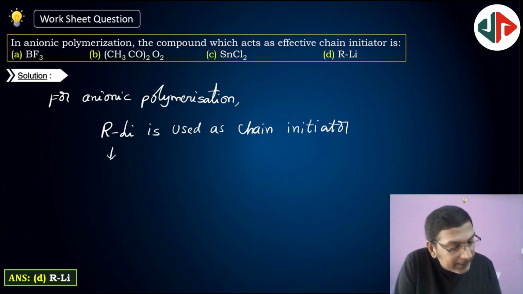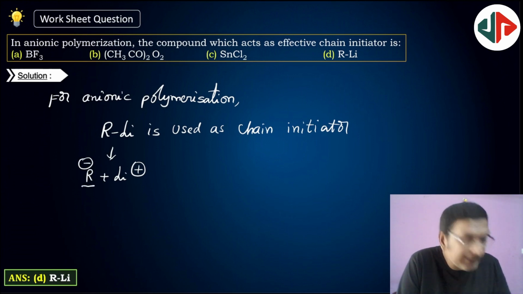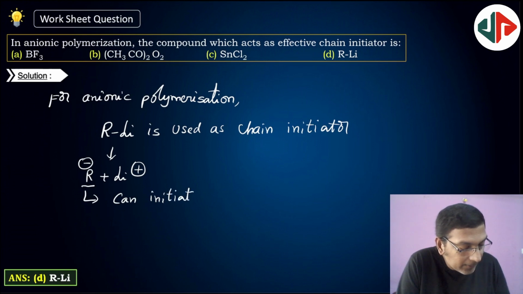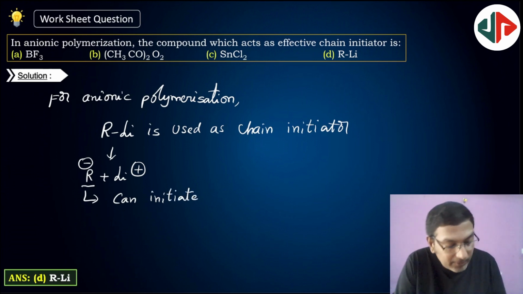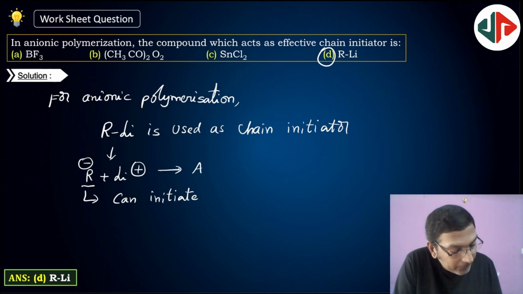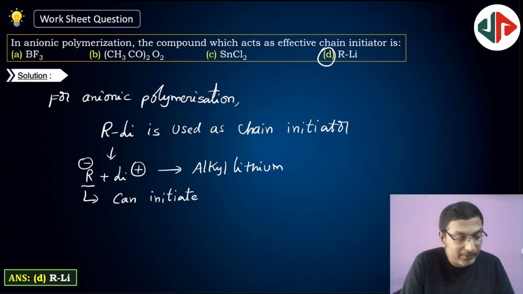So RLi is R minus Li plus. So this can initiate the chain growth. So therefore option D. Alkyl lithium. So this compound is alkyl lithium, or organometallic compounds. Option D.